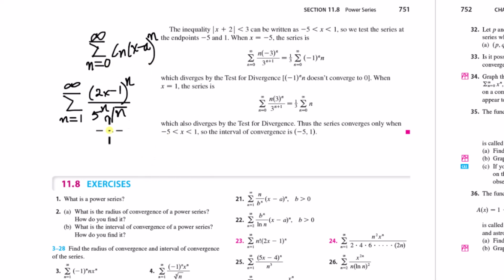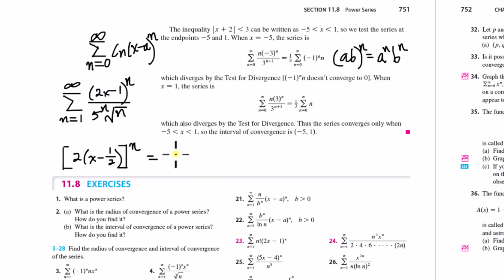So, the 2x minus 1 to the n. From that, let's take out a 2. We haven't changed anything, right? Now from the properties of exponents, if we have ab to the n, that's equal to a to the n, b to the n, right?